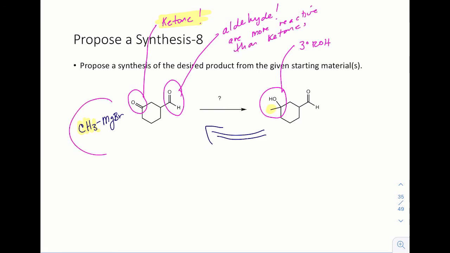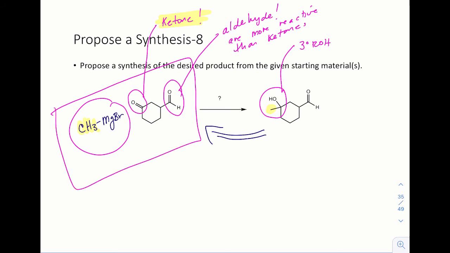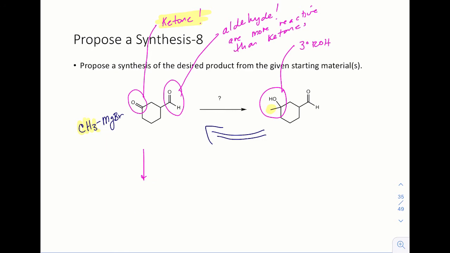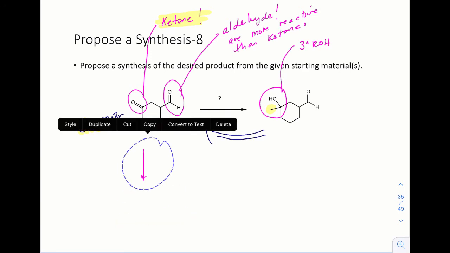And Grignard reagents are so reactive that if I mix up these 2 molecules, that Grignard reagent is going to react with both functionalities. We're really not going to be able to prevent it. And after workup, we will observe incorporation of 2 methyl groups. All right, that's not what we want. So there's some functional group incompatibility here. So what should we do?